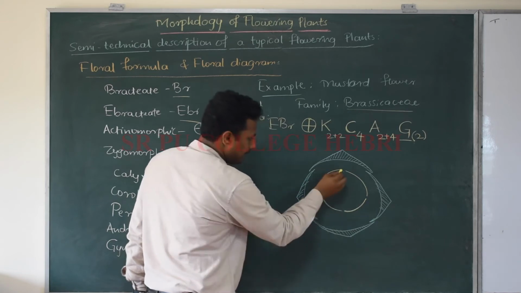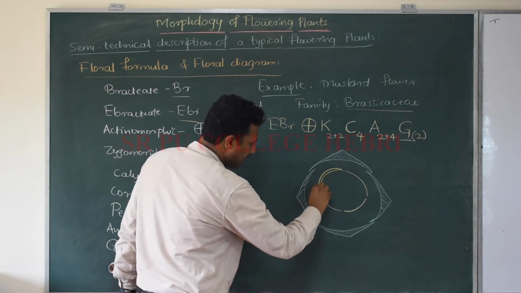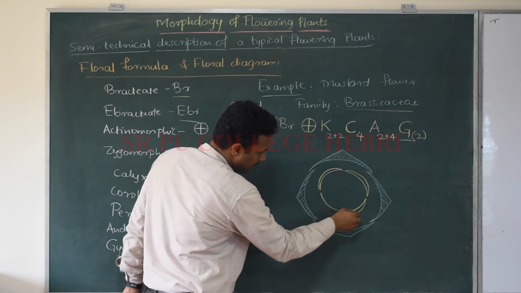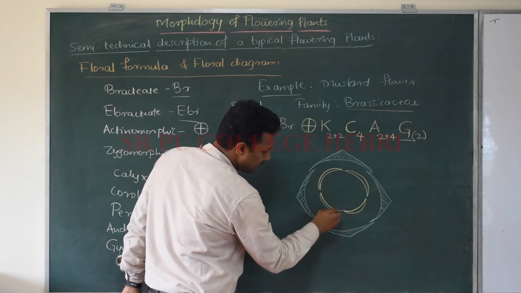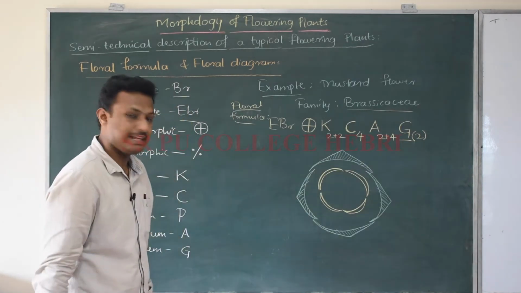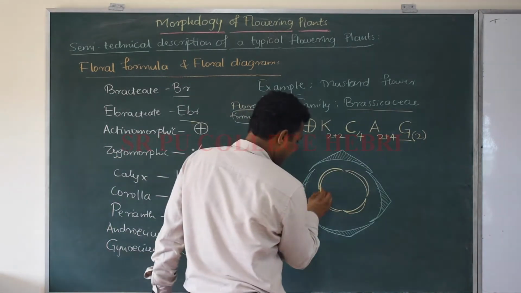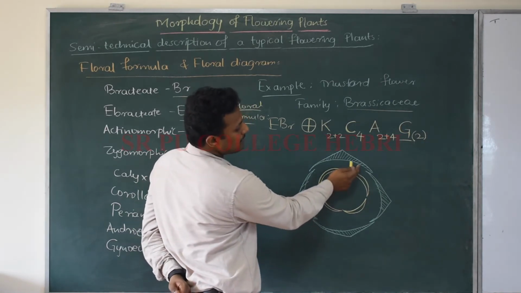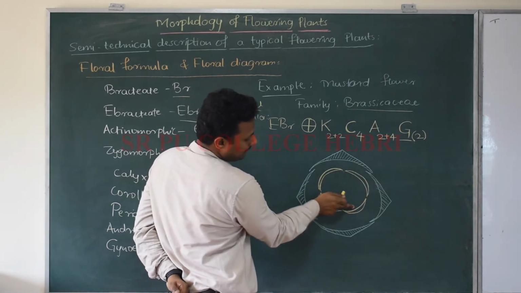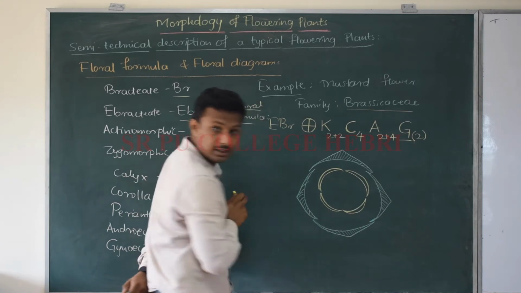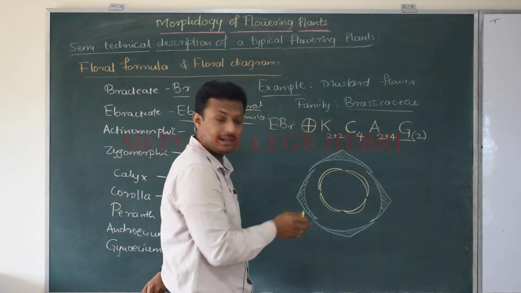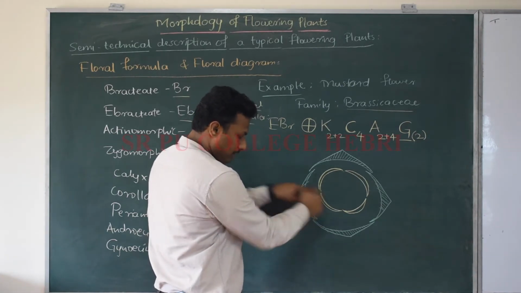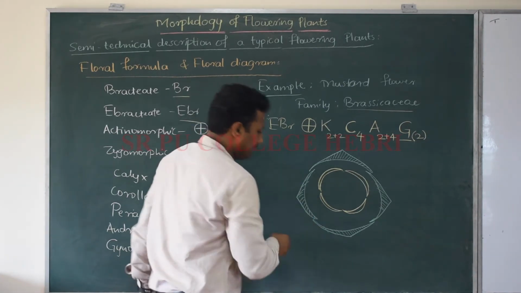You can see here there will be no pointed sharp ending like this. It will be a smooth or blunt surface. Okay, see, corolla is represented like this, and one petal comes in between two sepals, right? So not exactly parallel, it should be alternate. Like that.